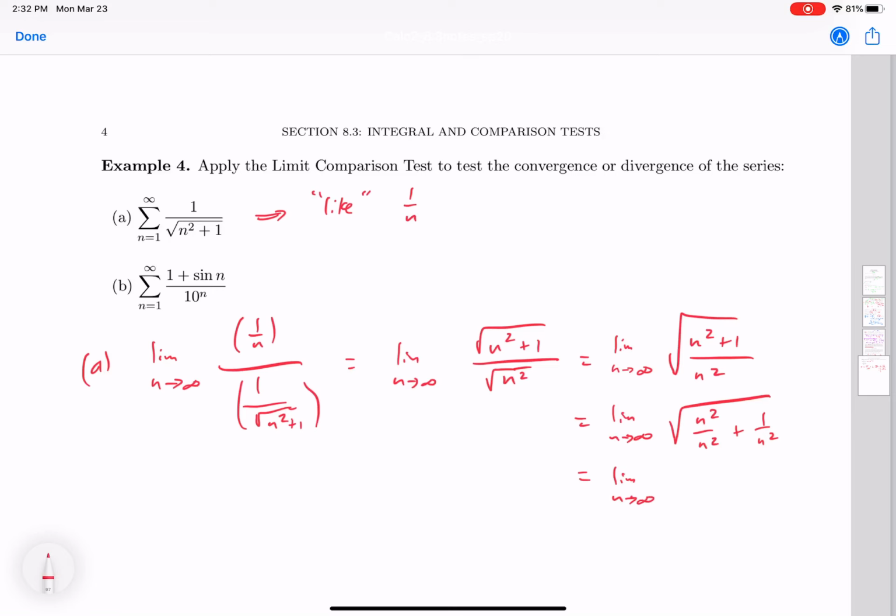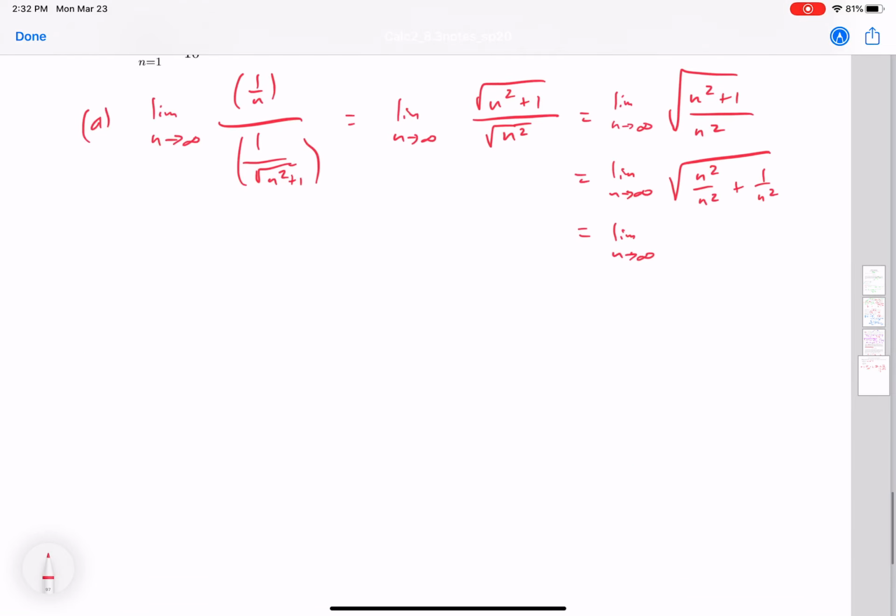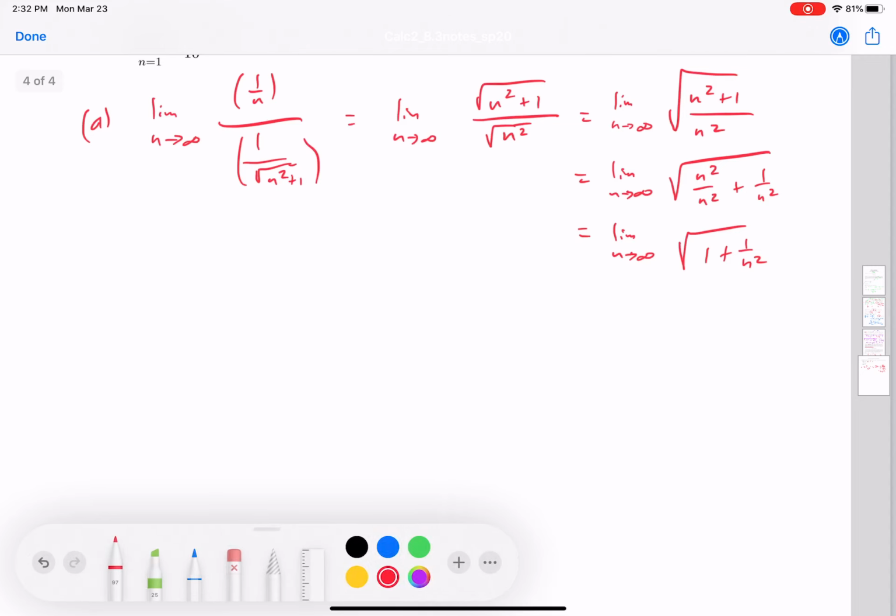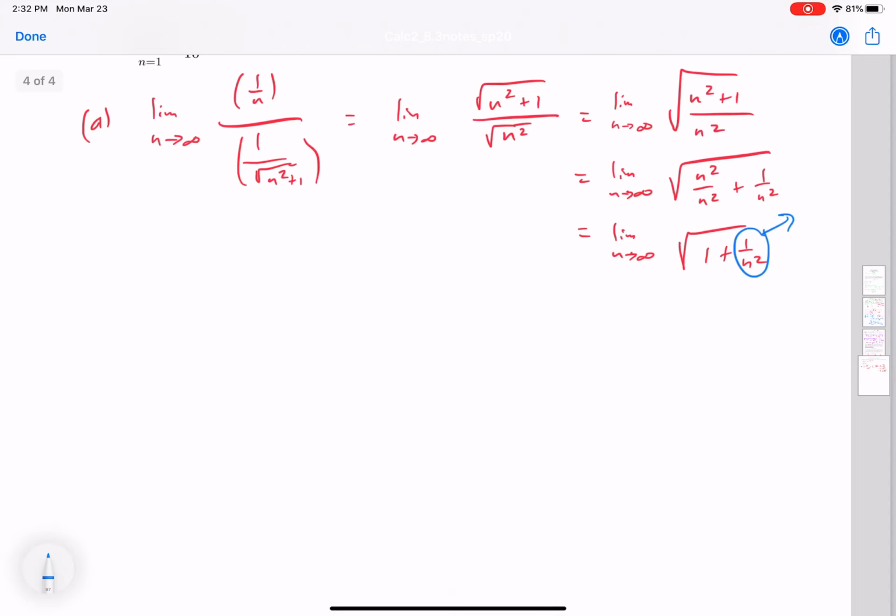Limit as n goes to infinity of the square root of 1 plus 1 over n squared. And what happens to 1 over n squared as you go to infinity? Well, that goes to 0. So this is just going to equal the square root of 1, which is just 1, which is a constant. That's kind of nice.